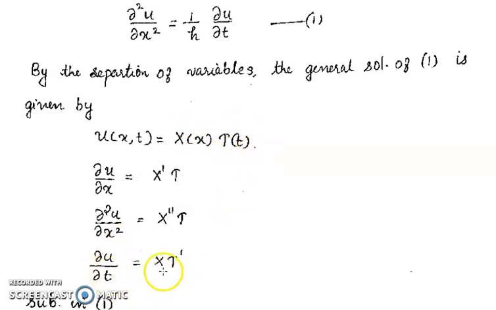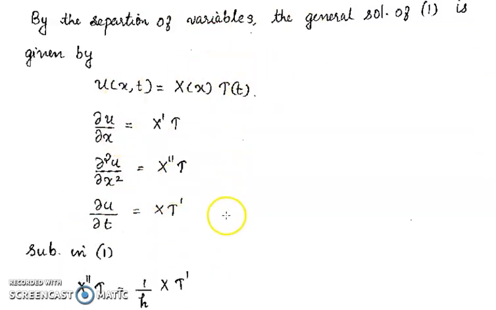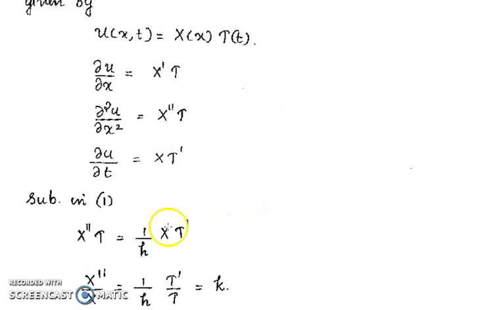Therefore ∂u/∂t equals X T'. Thus we get the partial derivatives ∂²u/∂x² and ∂u/∂t. Then we substitute them in equation 1, and we get X'' T equals (1/h) X T'.